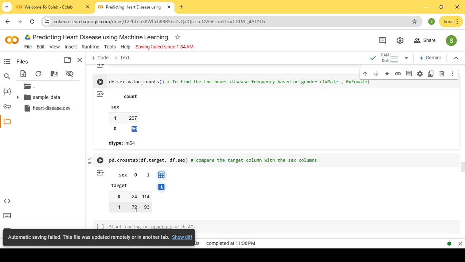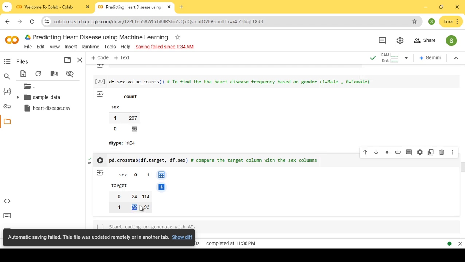So we have around 72 women who have heart disease, while 24 have no heart disease. However, on the men's side, we have 114 men who have no heart disease compared to 93 cases where men have heart disease.